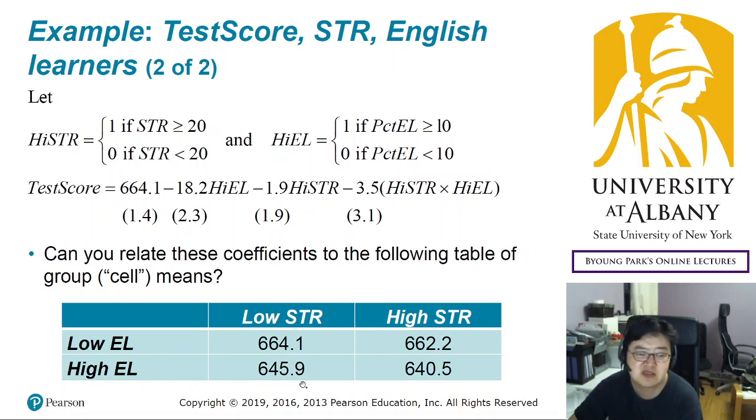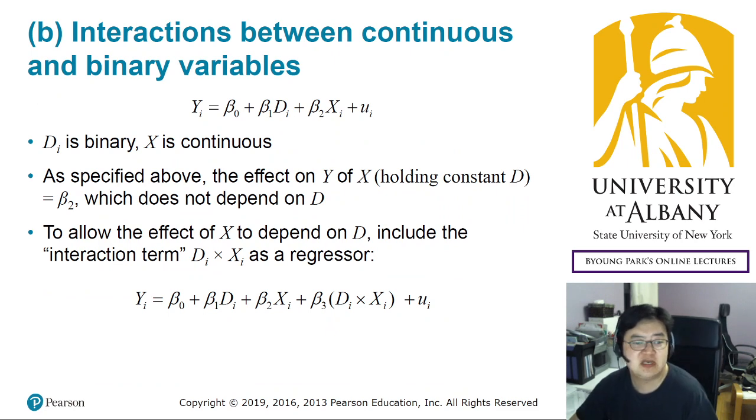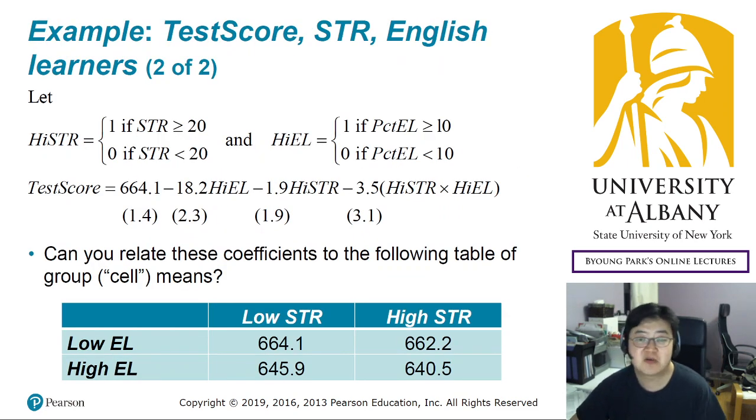You can calculate the predicted test score for each of the 4 groups and calculate the difference between low student to teacher ratio and high student to teacher ratio in each case, and then calculate the difference in differences. That is 3.5. You will find 3.5 by taking the differences. So this is the simplest possible example of an interaction term.